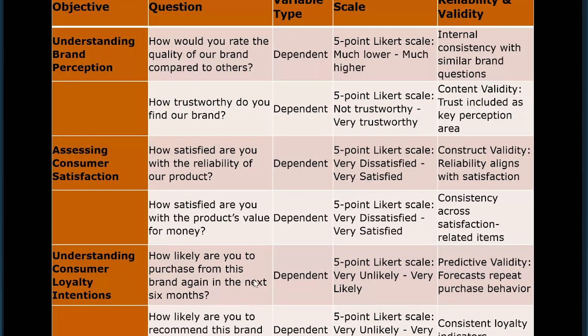Now you can see it in a tabular form. We have taken the objectives in the first column. Then we have mentioned related questions, 2 questions related to each objective in the second column. Then the variables, DVs or IVs. Then the scale that we have taken. And then reliability and validity related information. I hope you can read this.